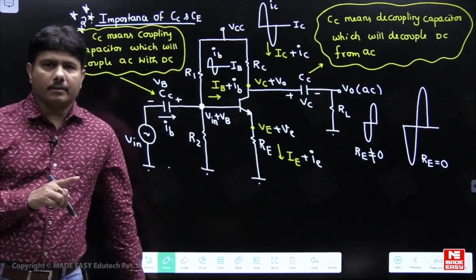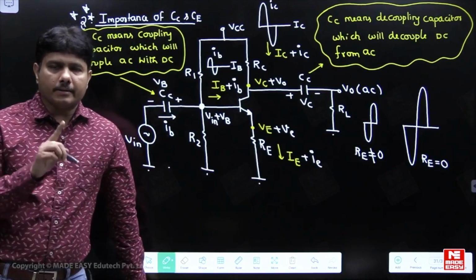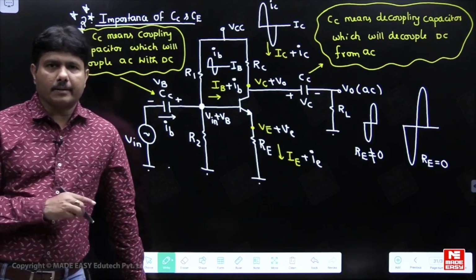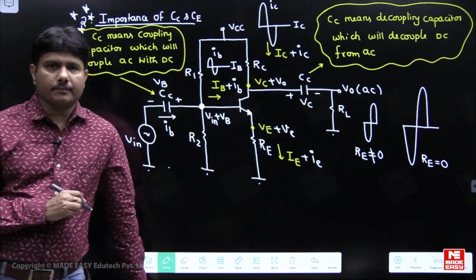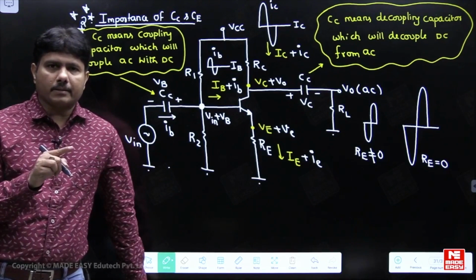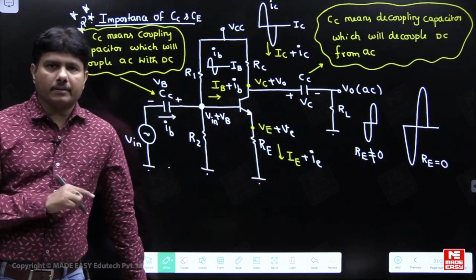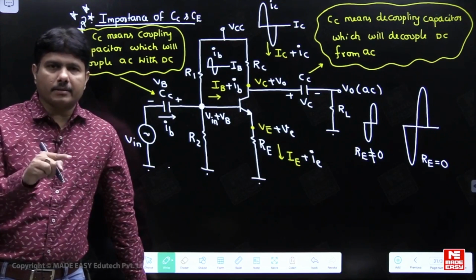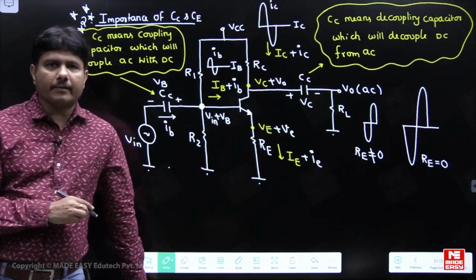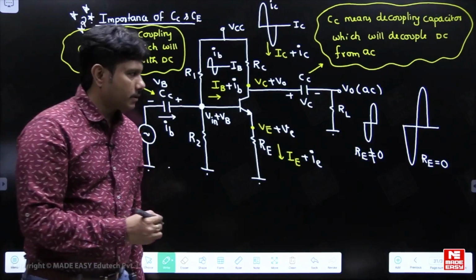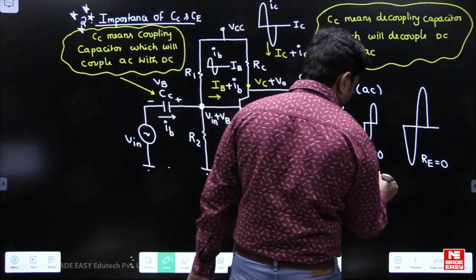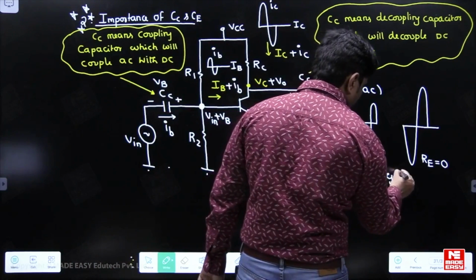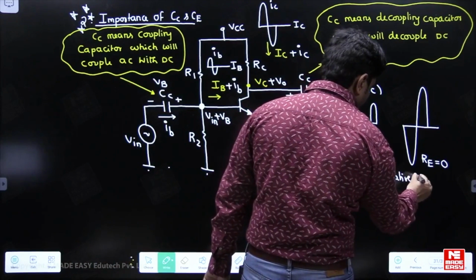RE resistor का काम क्या है? It is behaving like a negative feedback resistance, I told in biasing circuits. For negative feedback resistance, not only in DC analysis, it is working in AC analysis also. It is working as a negative feedback.